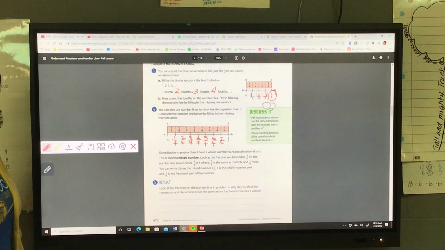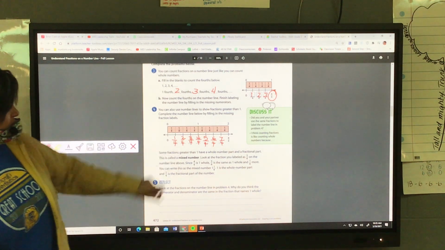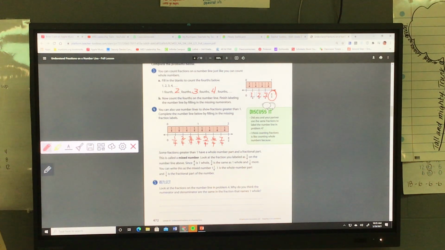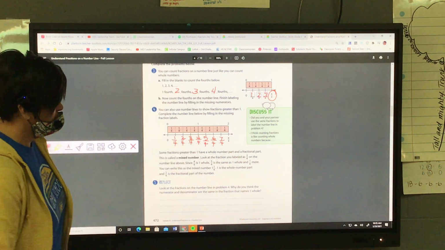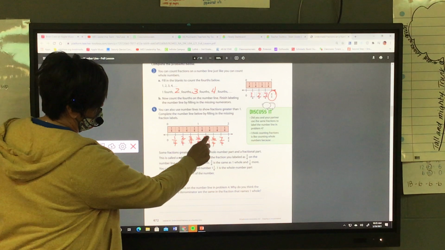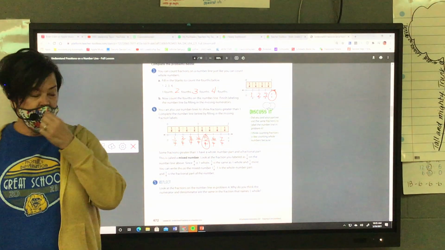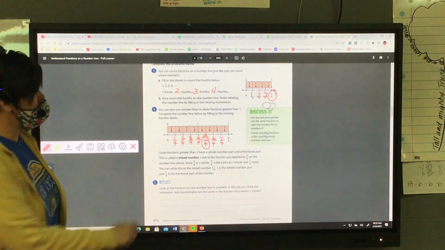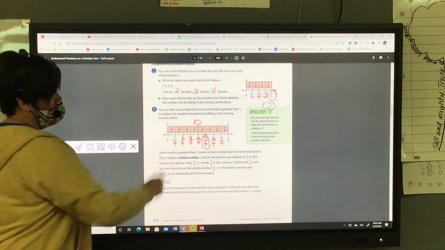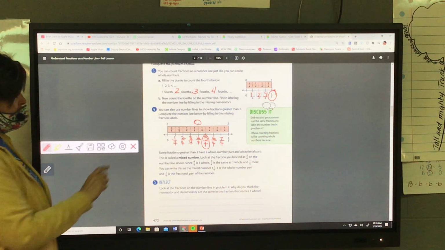Okay, so look at the fraction that you labeled as 5/4 on the number line. Do you see it? Yep. Okay, it's this one right here, right? So we know that 4/4 is how many wholes? One. One whole.